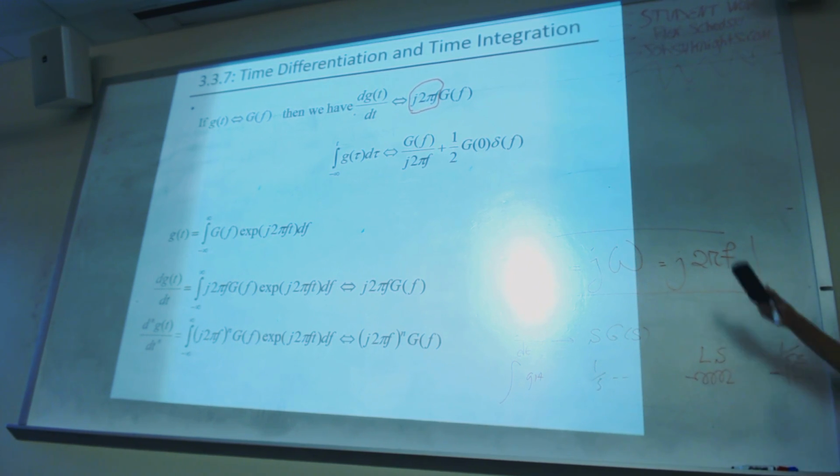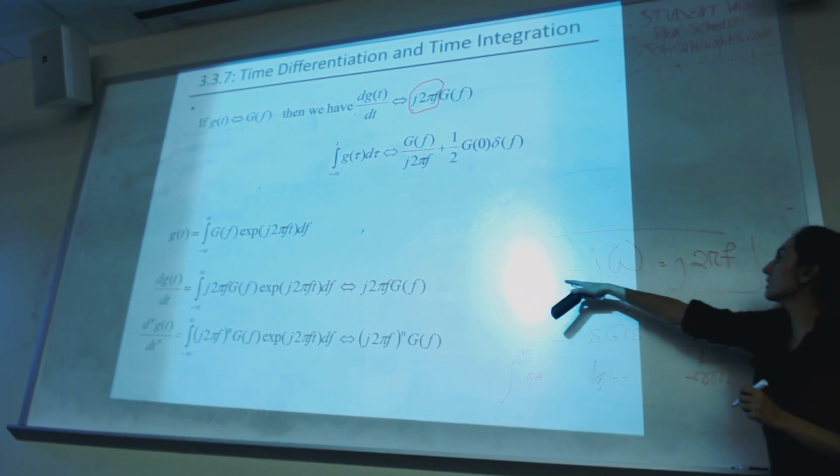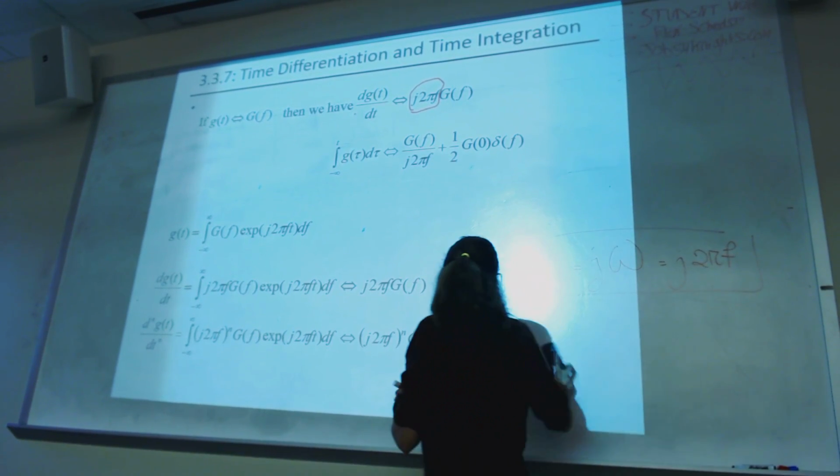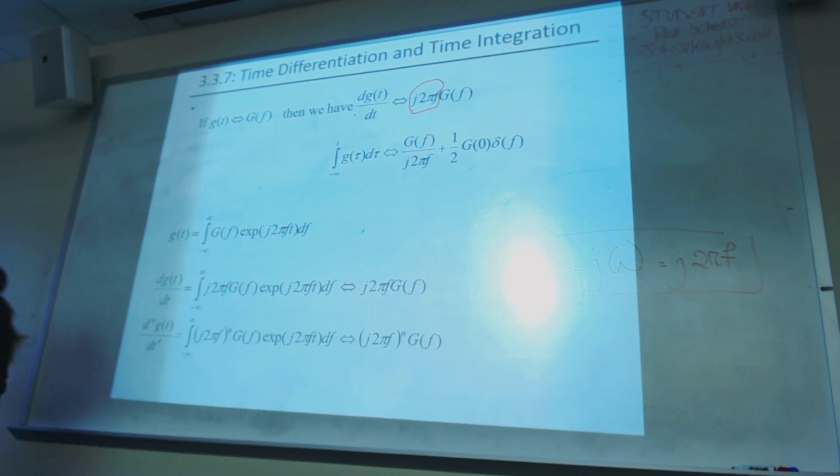Okay, so remember here, s is always j2πf. If you make these connections, you're going to remember both of them better. So again, it is like this: s times G(s) for the derivative, and this is the integral, so 1 over s, plus something.